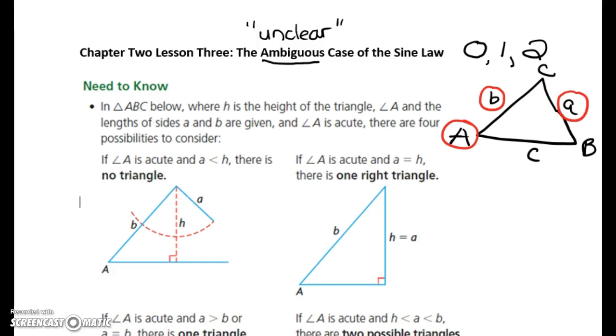Before we can figure out how many triangles are created, we first need to find the height of your triangle. You're always going to start with the top of your triangle and draw a straight line going down.